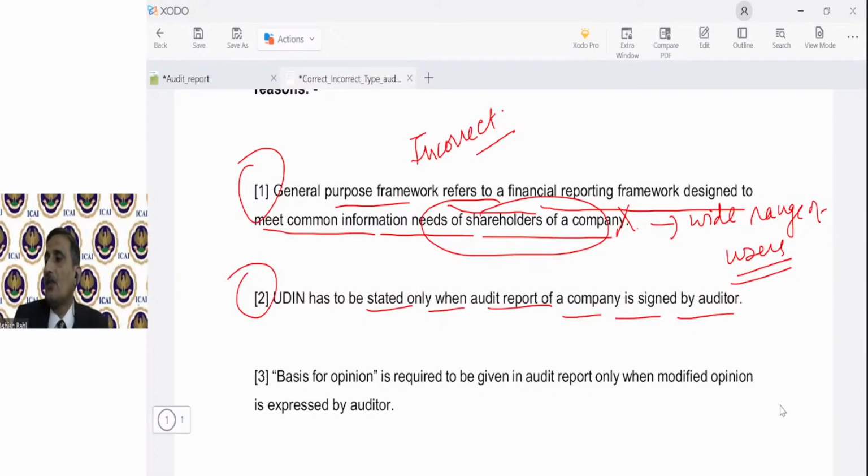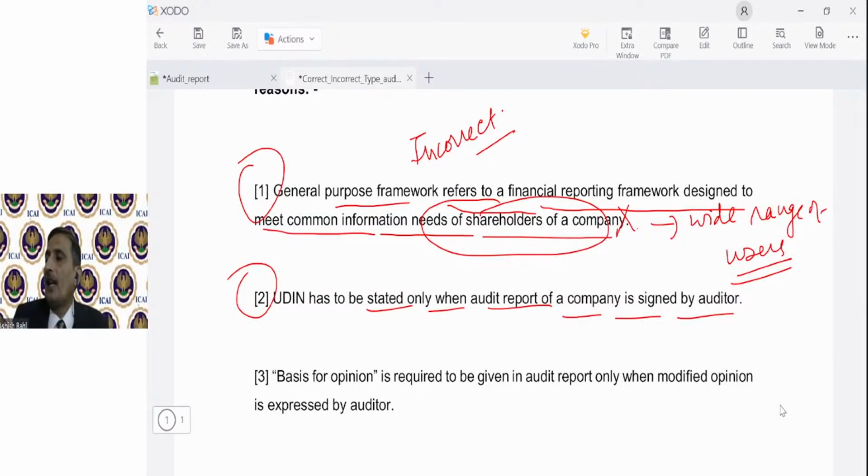Yeah, Dinyash, Abdul, and Sharan Krishnan, how are you writing that this statement is correct?